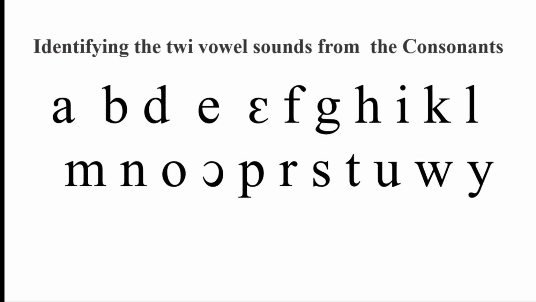Okay, so identifying the Twi vowel sounds from the consonant sounds. So let us look at the vowels. Those that have a red indicator beneath are the vowels. So you can see that A has a red indicator. So A is a vowel. E is a vowel.